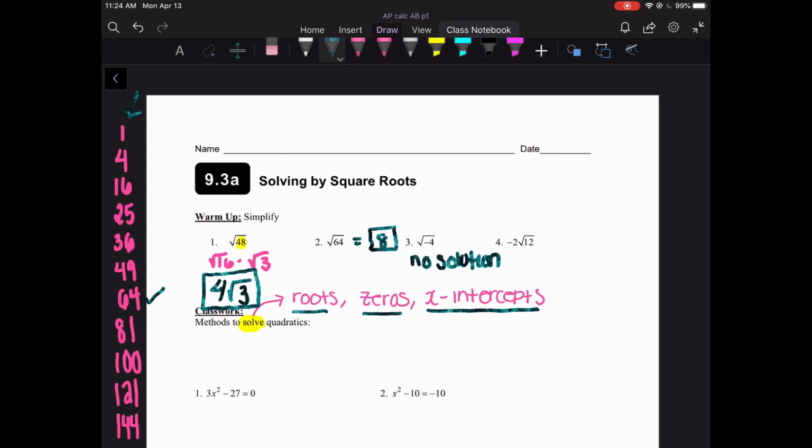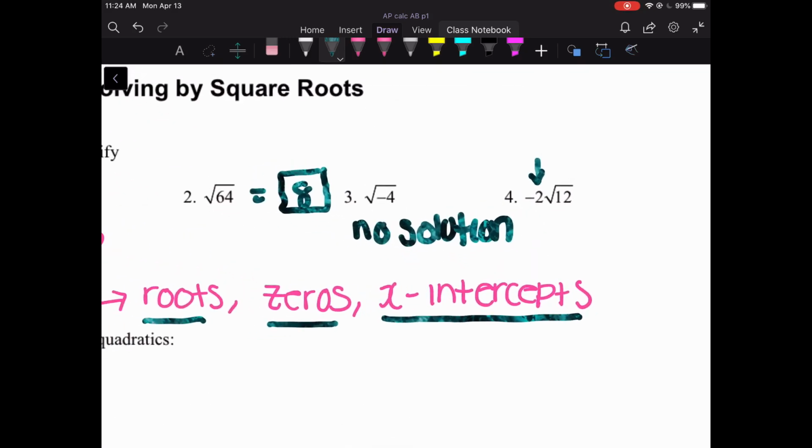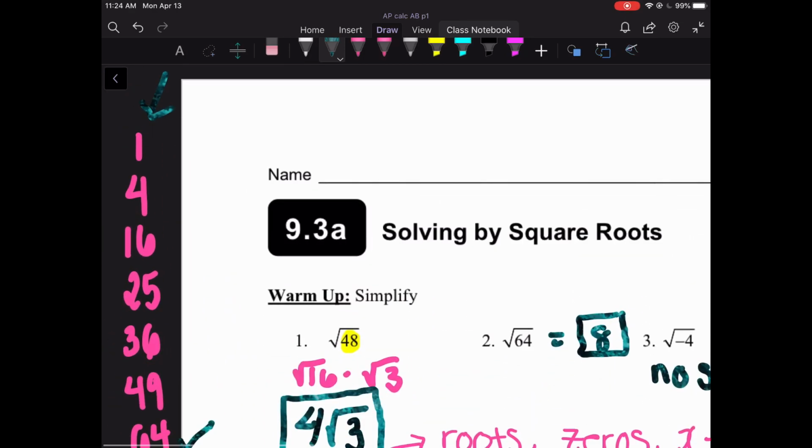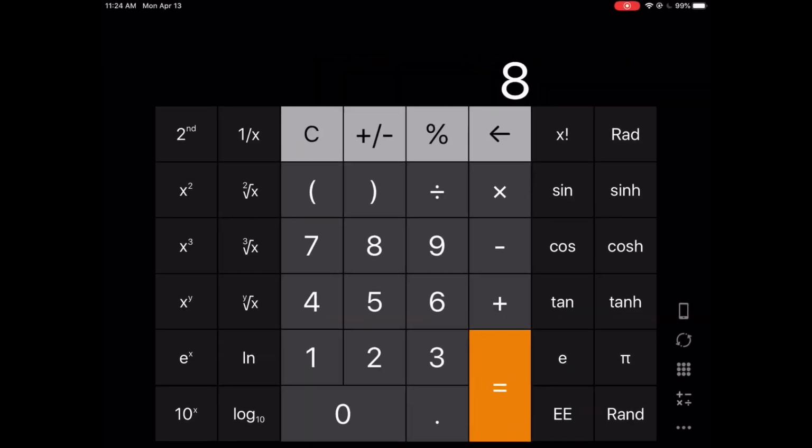Okay. Number 4, it has a number outside of your square root, so we'll deal with that at the end, but for now we're going to simplify the square root of 12. Go to your list. Halfway to 12 is around 4, so start with that number. Does it work out perfectly? Yes, 12 divided by 4 is 3.